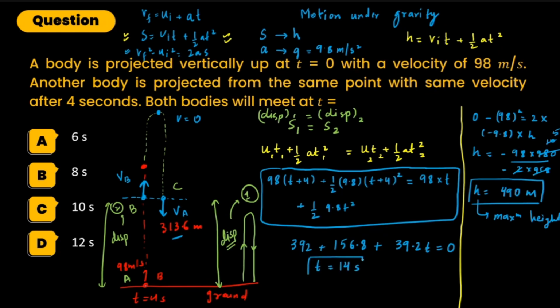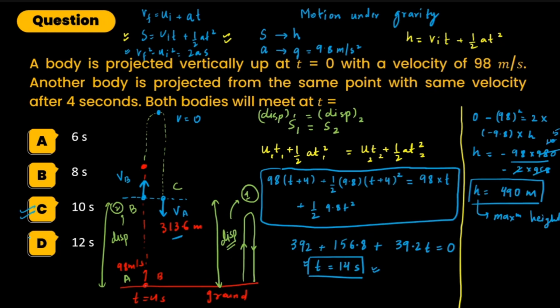So I can say from the beginning to this particular position, where the position is supposed to be the same, or the point where they're going to meet, it is going to be T seconds. That is 14 seconds. So the time after which they will meet, we'll subtract 4 out of this, because for these 4 seconds, this object is not supposed to move.